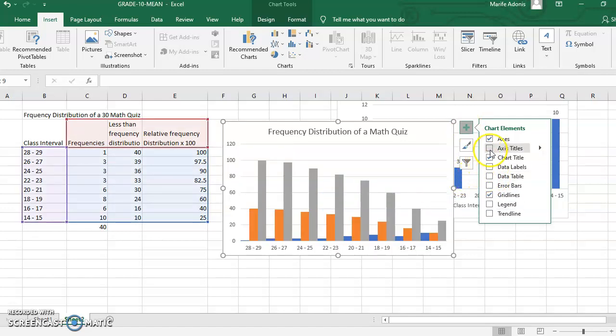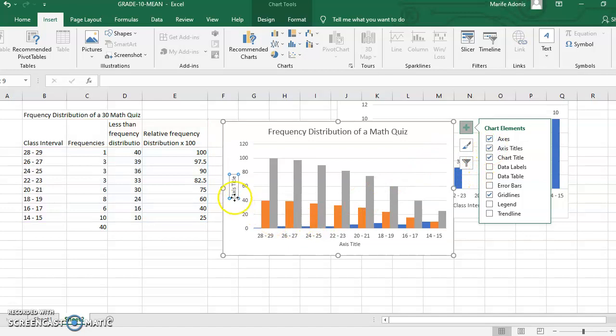So, ano ibig sabihin itong blue na to? So, let's see kung ano yung legend na yan. Okay. Title of the axis. So, ano po ito? Frequencies pa rin. Okay. This is, ito yan, no? Yung relative frequency distribution. No, guys? Okay. This is the relative frequency distribution, yung color ng gray. The orange is the frequencies.